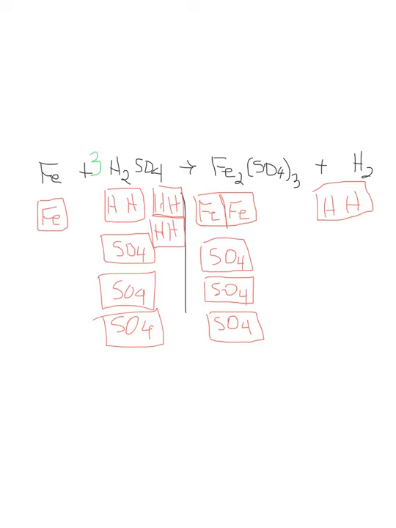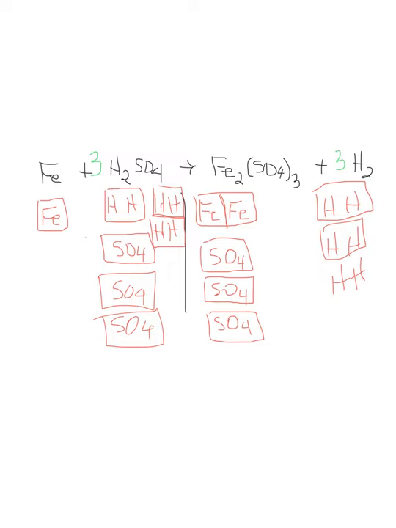So right away, looking at my hydrogens, I have 3 sets of hydrogens on the reactant side and only 1 here. So I know right away that I need to have a total of 3. And so I'm going to go ahead and add my coefficient 3 here, which means I've added 2 more sets of hydrogens to what I already had.